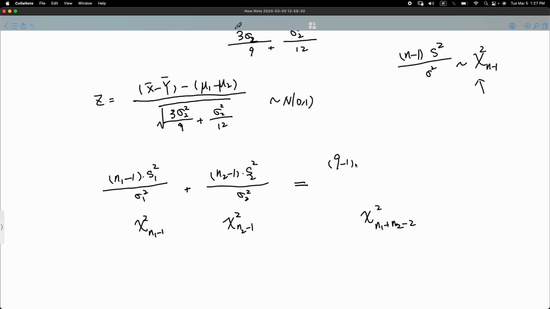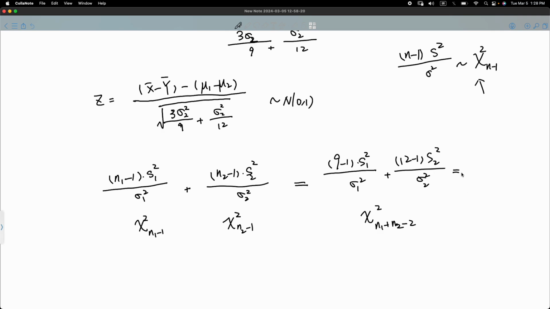This is 9 minus 1 multiplied by s1 squared over sigma 1 squared, plus 12 minus 1 multiplied by s2 squared over sigma 2 squared.